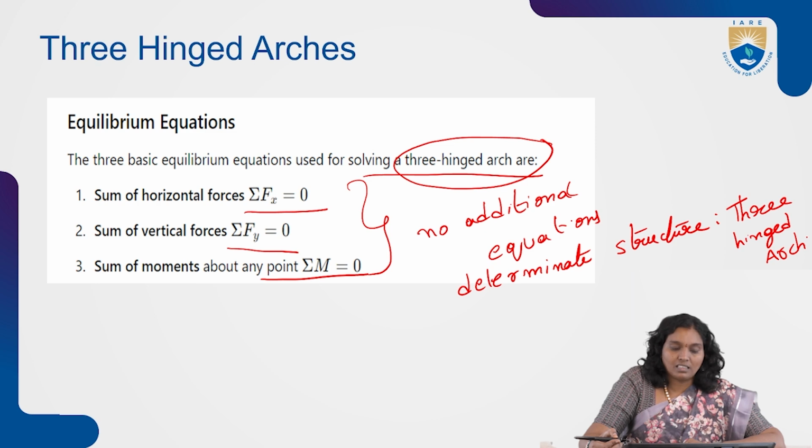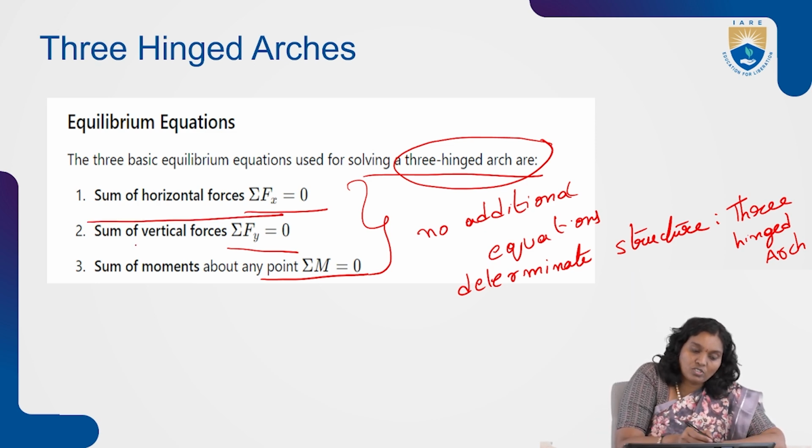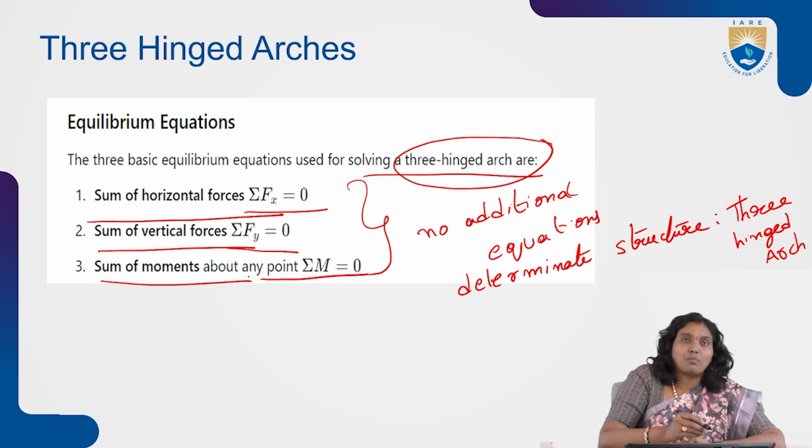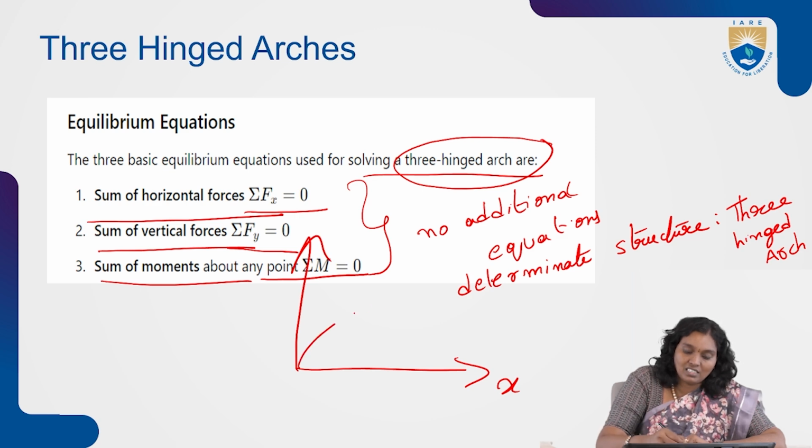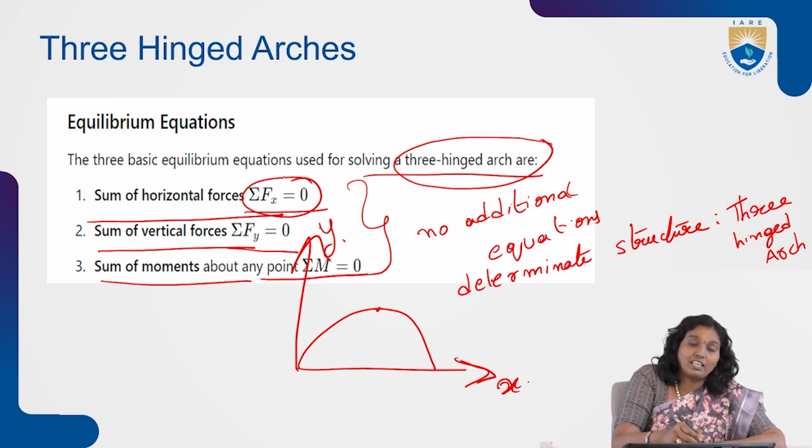So we are using these three things: sum of the horizontal forces, sum of the vertical forces, sum of the moments. Here we are considering the x-axis and y-axis in this three-hinged arch, whatever the condition may be. In the x-axis and y-axis we are considering the forces.